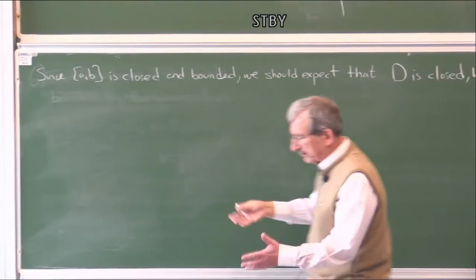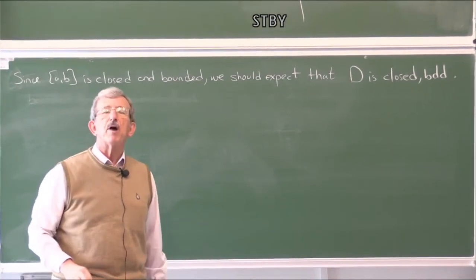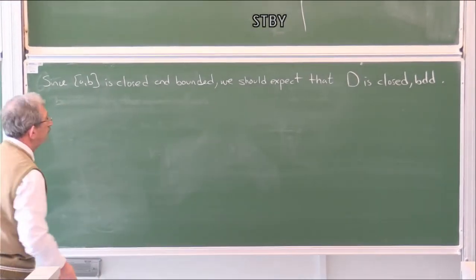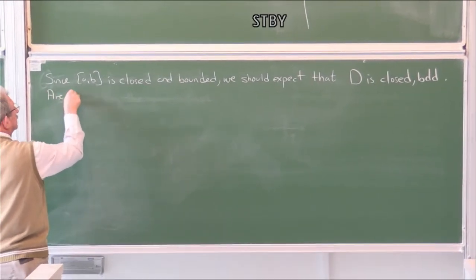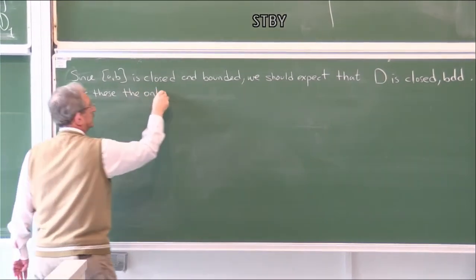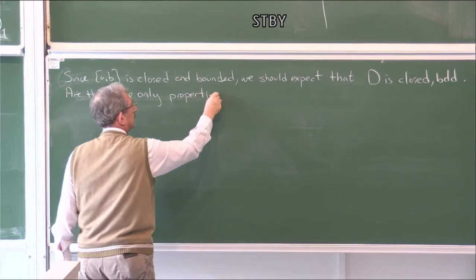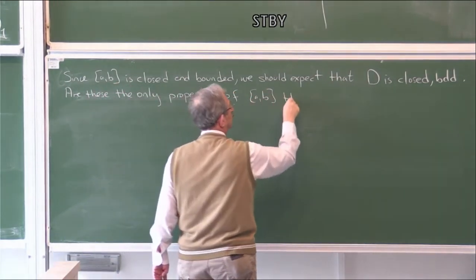We already had the definitions or explanations about these terms. But is that all? Namely, are these the only properties of [a, b] that we use?